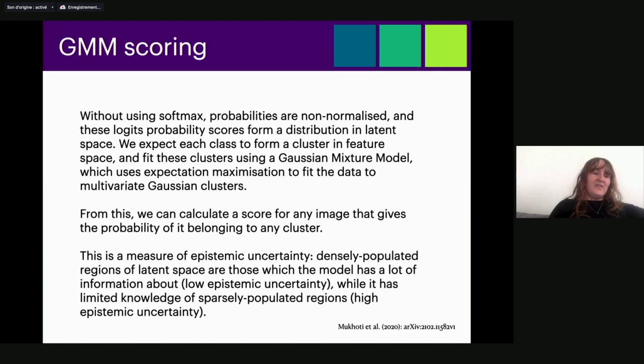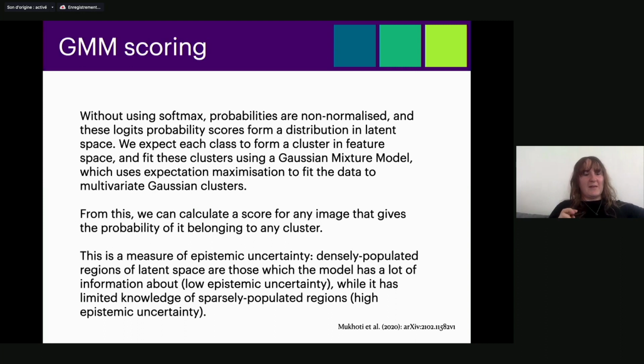Now, a metric that uses logits probability. The logits output from a neural net are non-normalized and can consequently be plotted as distributions in latent space. If a network is well trained, we expect each class to form a separate cluster. We assume these distributions are multivariate Gaussians and fit them as clusters using a Gaussian mixture model.